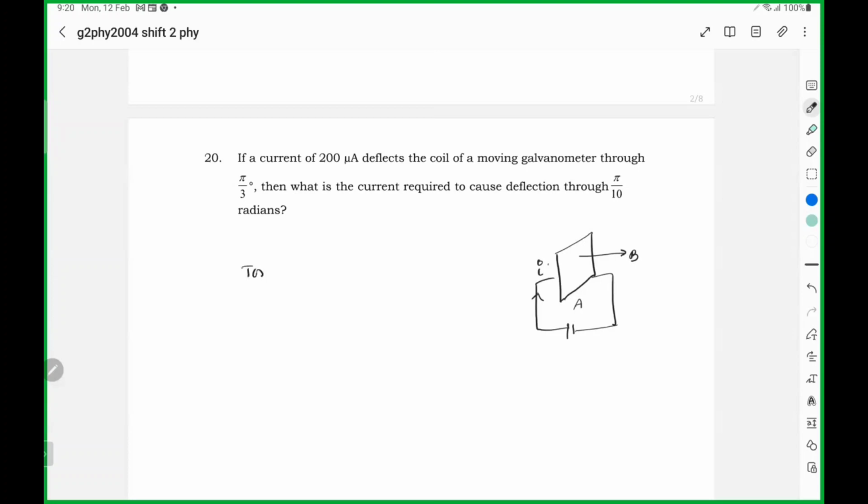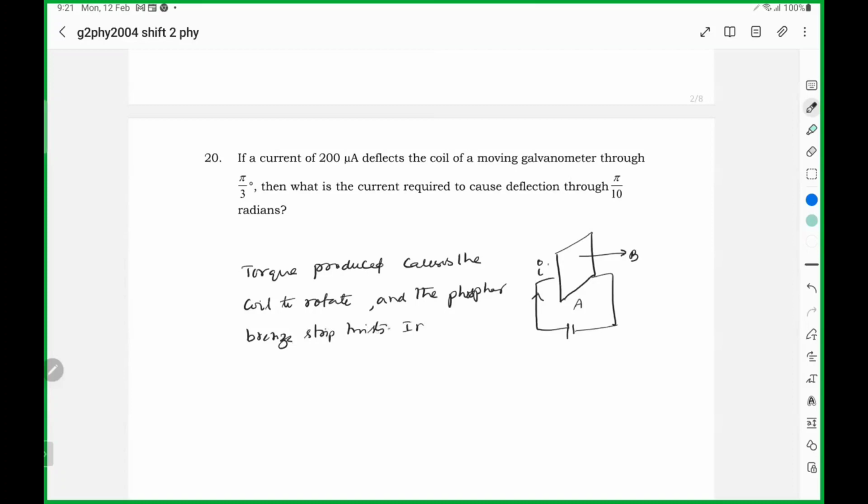The torque produced causes the coil to rotate, and the inbuilt mechanism, a phosphor bronze strip or spring attached to the coil, produces a counter torque.